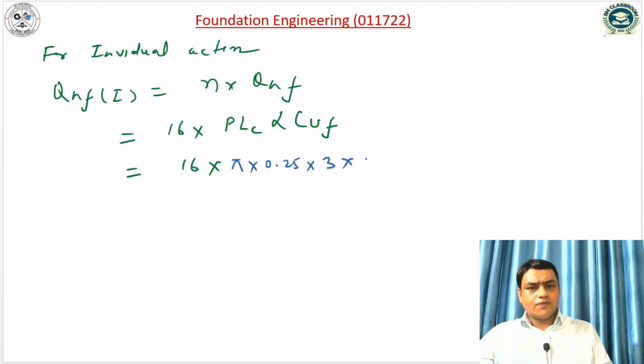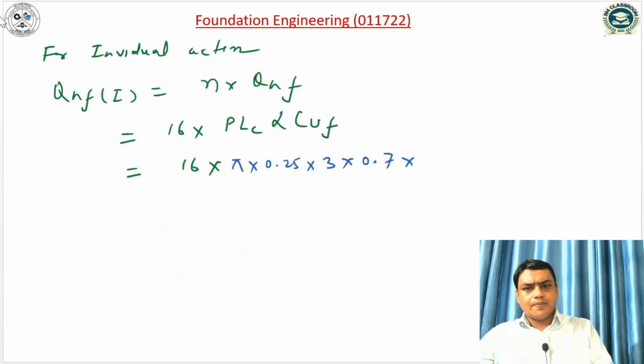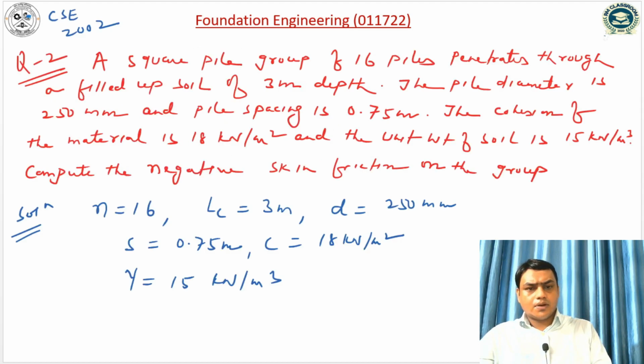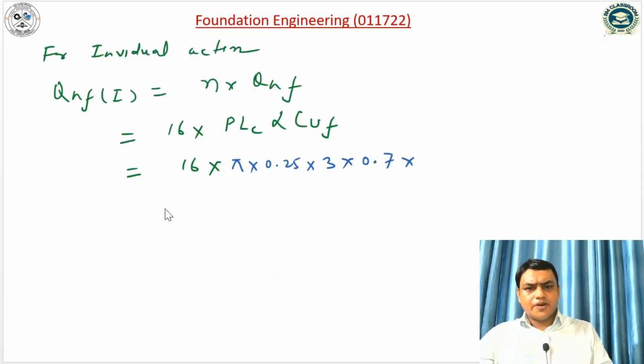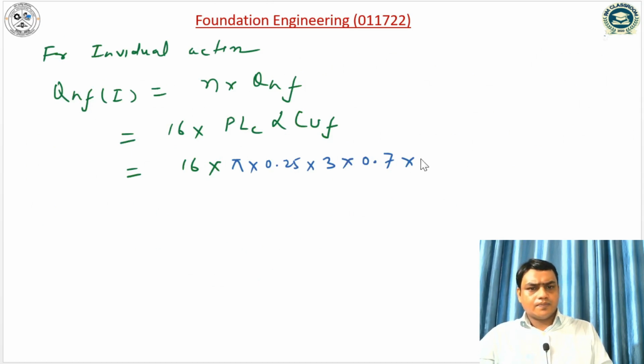Let us assume the value of alpha is 0.7, into CUF. Cohesion is 18. Alpha is not given in the question, so I have taken 0.7, into cohesion 18.